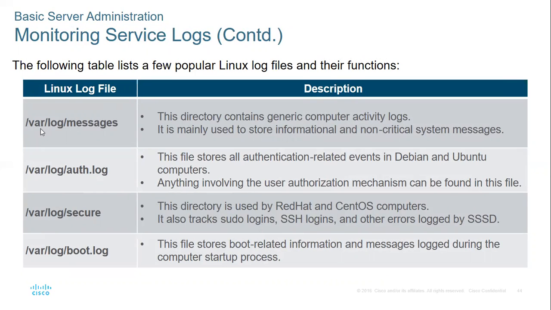Some logs contain information about daemons that are running in Linux. A daemon is a process which is running in the background and doesn't need any user interaction at all. So in Linux, what log files do we have? The path /var/log/messages contains informational and non-critical system messages. Then /var/log/auth.log is where we store authentication related events, in Debian and Ubuntu.